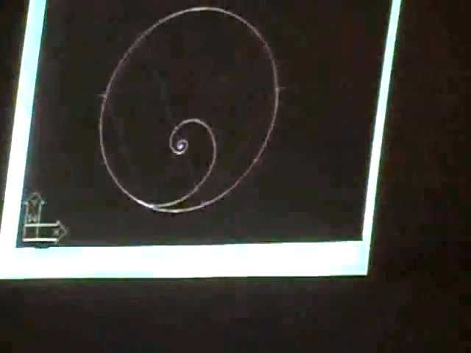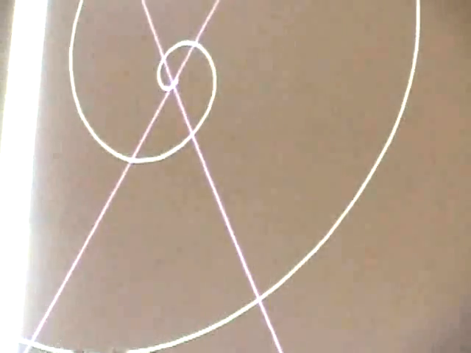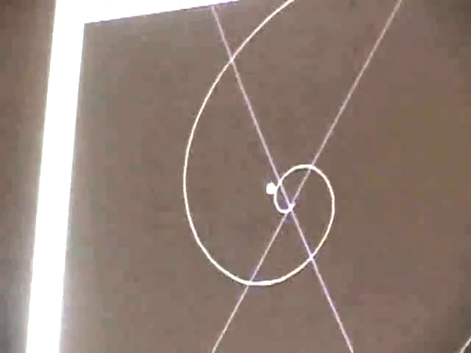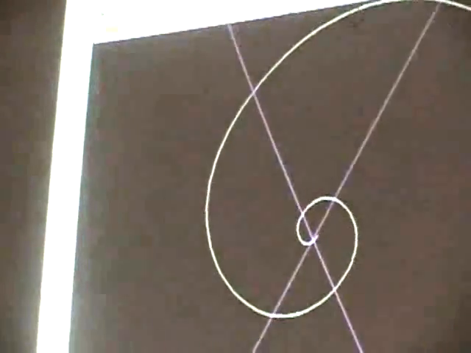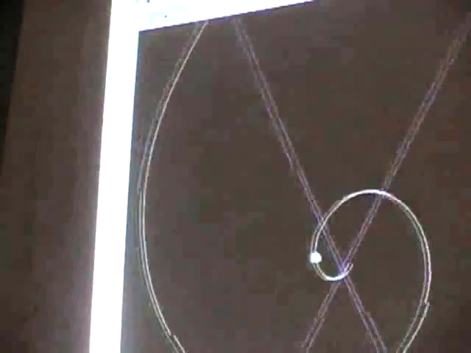And when you look closely at the spiral, it never intersects that point. The point actually is more precise than the spiral. The spiral is trying to get to that point, and it'll never get there.